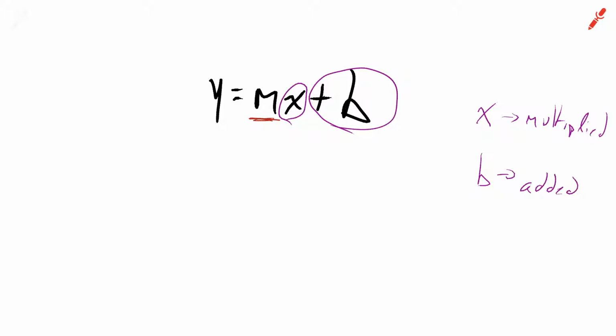So now we start talking about opposites. Opposite of multiply is divide. Opposite of add is subtract. That's simple. Okay? So now we're going to divide by x, subtract b.